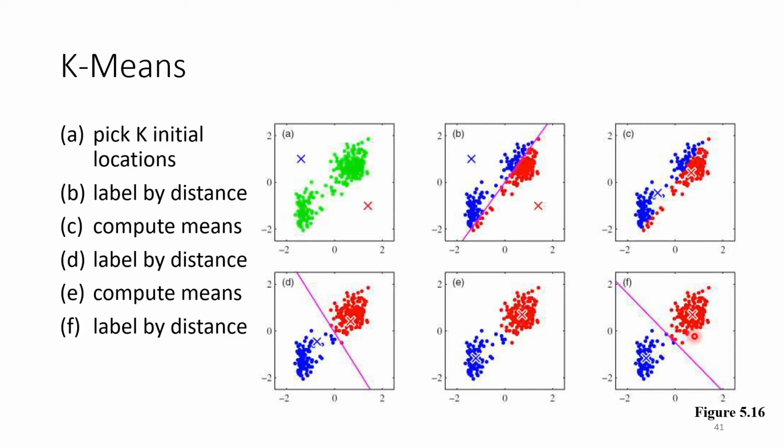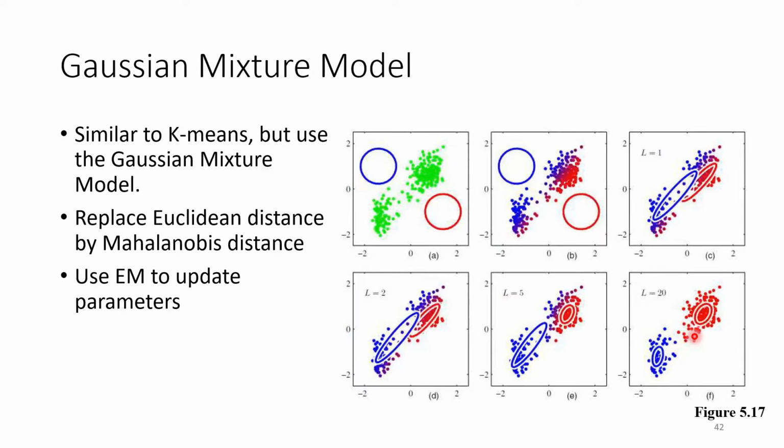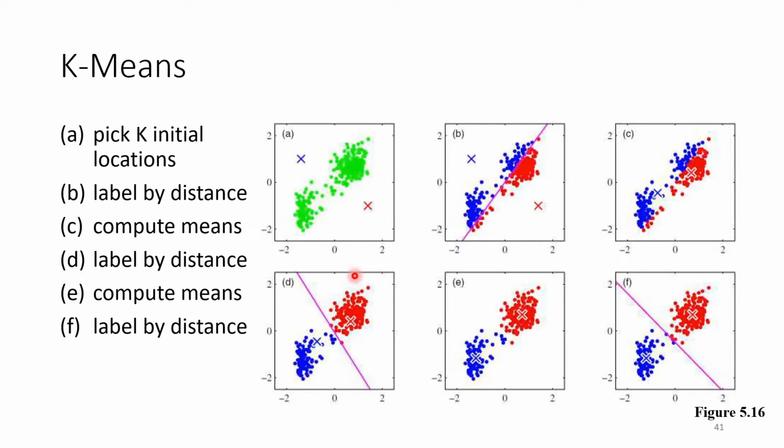Okay, so there's another approach called Gaussian mixture model. This is very similar to k-means, but it uses a Gaussian model. In k-means we use the Euclidean distance, which is straightforward.